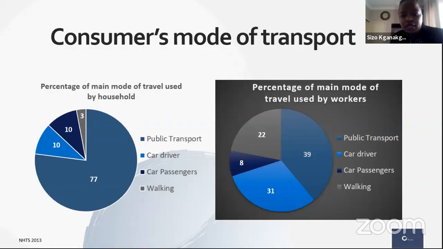What we also know from the National Household Travel Survey is that the majority of households in South Africa do use public transport. However, when you compare these to people that are working, which I think alludes to the congestion issue in the Western Cape, people that are working mostly prefer to use their own private cars rather than public transport.